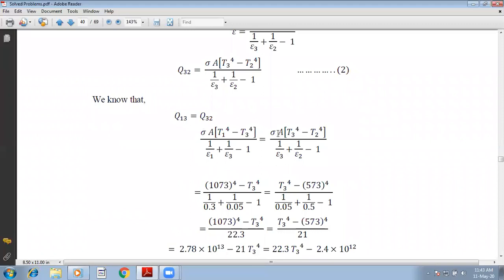Now sigma A on both sides will get cancelled. In this case, T1 is known, T2 is known, epsilon 1, epsilon 3 and epsilon 2 values are known to us. The only unknown is T3.